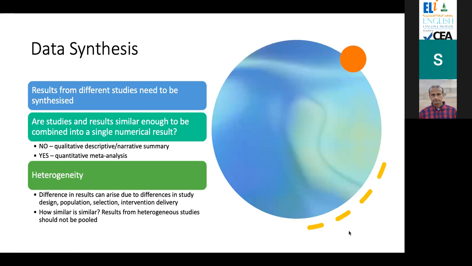Okay, so there is a question. Can you please tell us again about the note-taking systems you mentioned? Yes. Basically, there is a very interesting book by Sönke Ahrens. The title is How to Take Smart Notes.